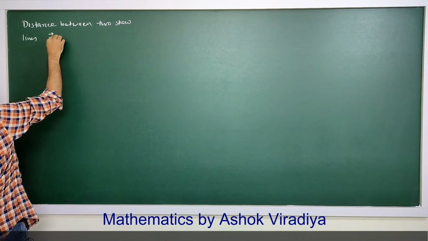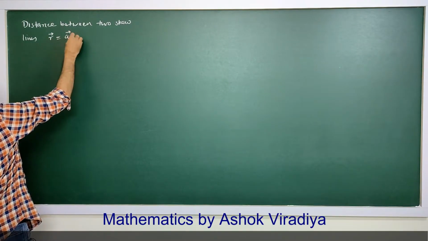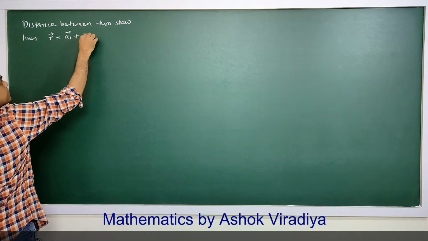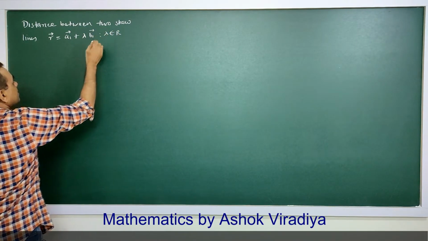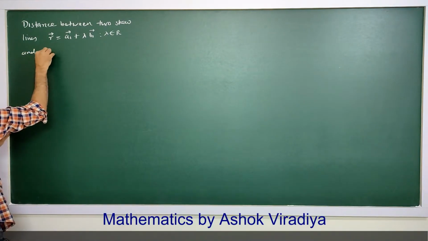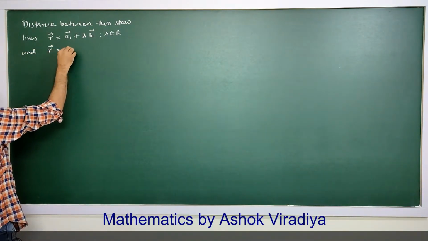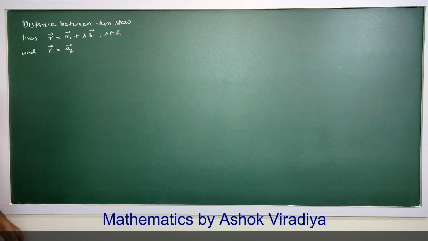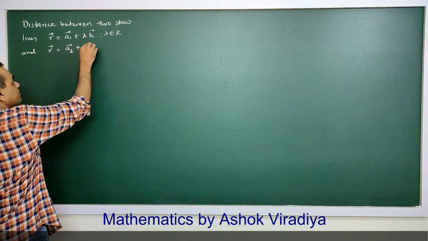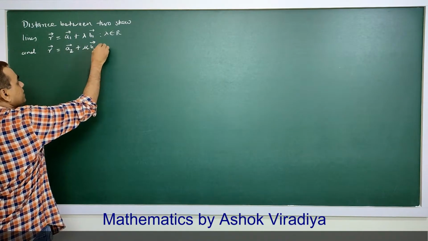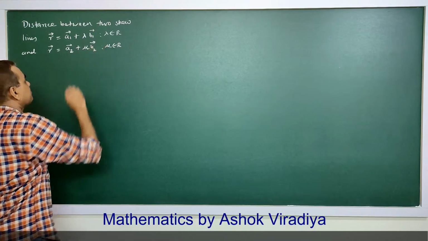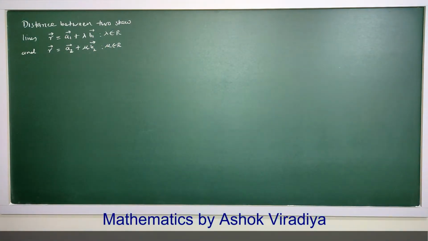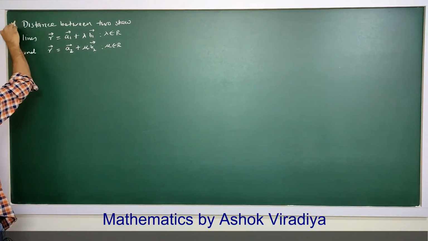Equations are vector r is vector a1 plus lambda times vector b1, lambda is any real, and equation of second line is vector r is equal to vector a2 plus mu times vector b2, mu belongs to R. These are two skew lines and we want the distance between skew lines.